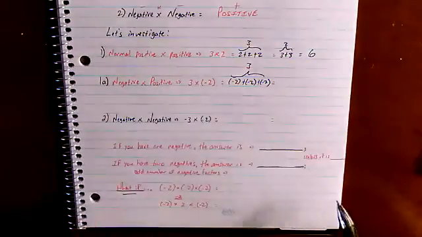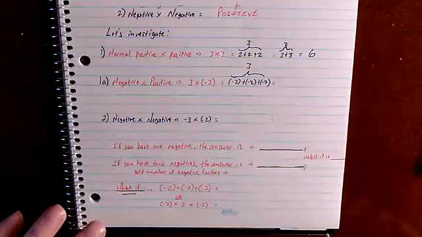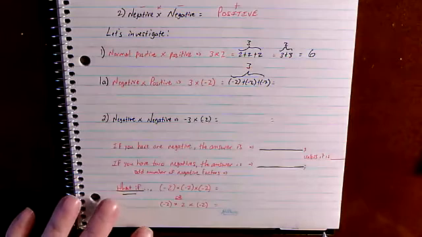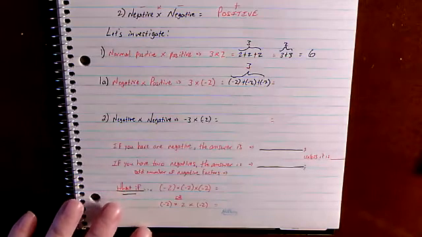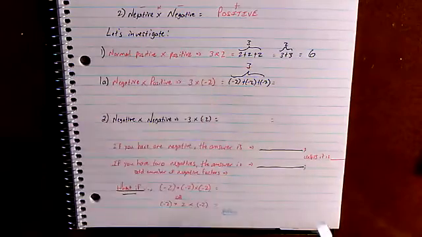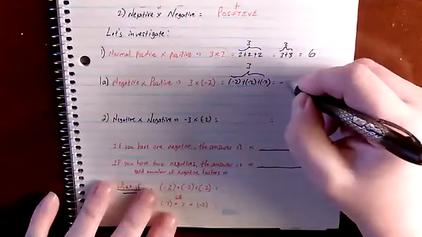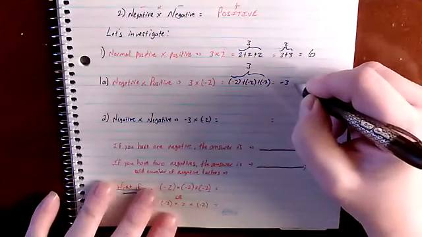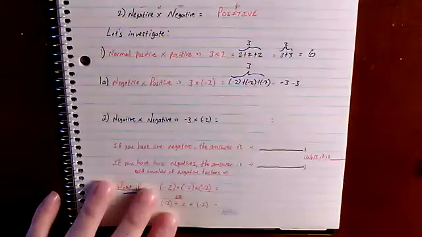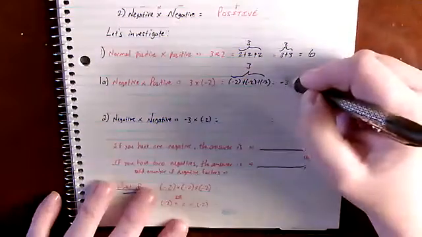Or I could have two groups of negative 3. So pretend this is the negative and this is the positive. That's the associative property. So I have negative 3 plus negative 3, two of them.